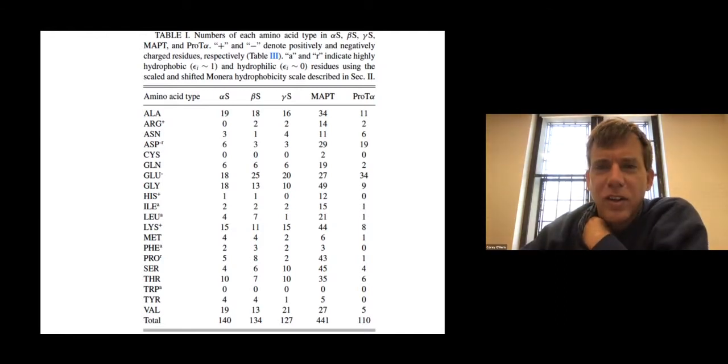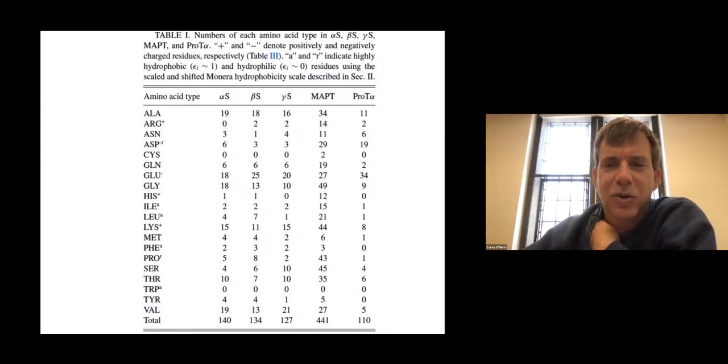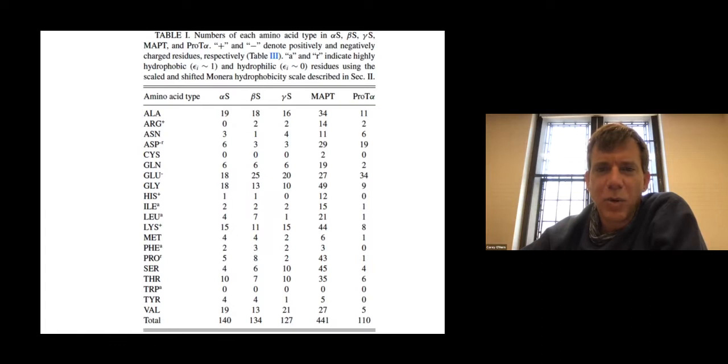And so these all are intrinsically disordered proteins under various conditions. So you can coax them into being intrinsically disordered, and then they can form aggregates. And we'll see in a moment. So here you see their amino acid content.